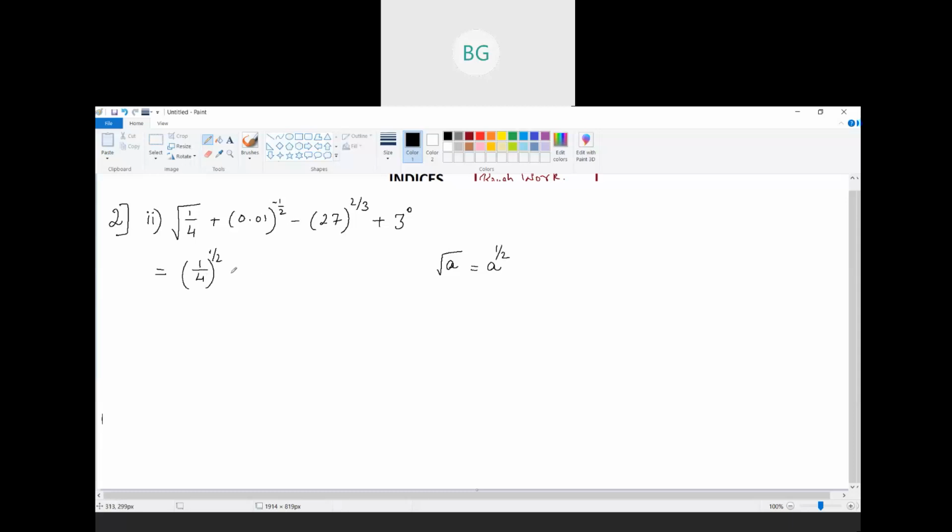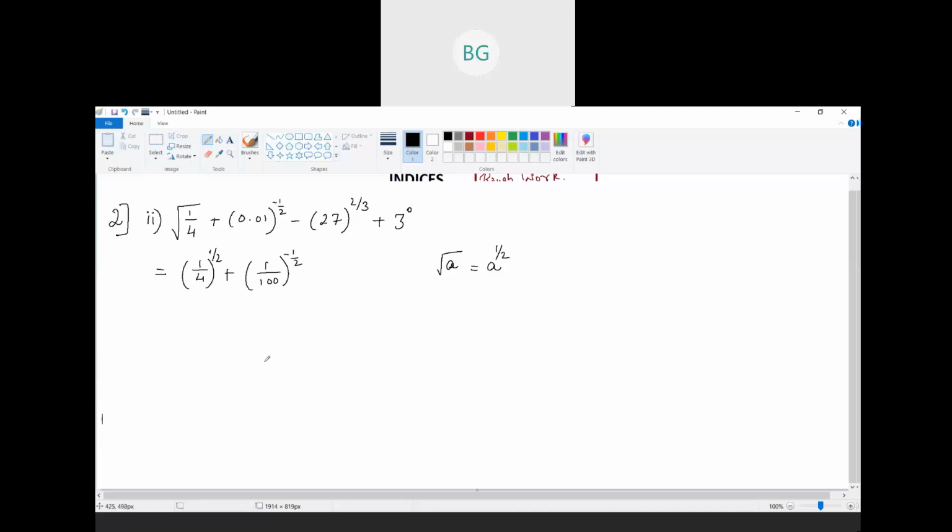Okay. Next term. Now next term what we have? 0.01. So this I can write it in fraction. So I can write it as 1 by 100 raised to minus 1 by 2.